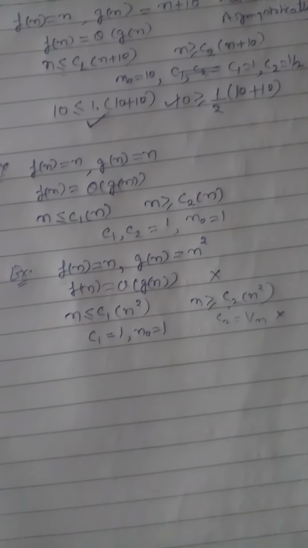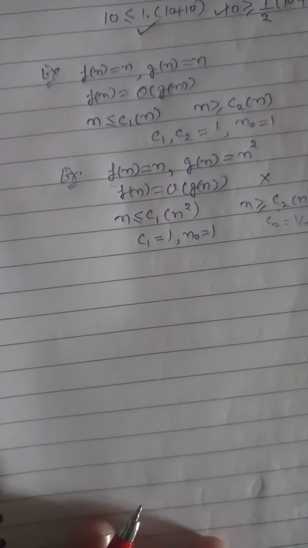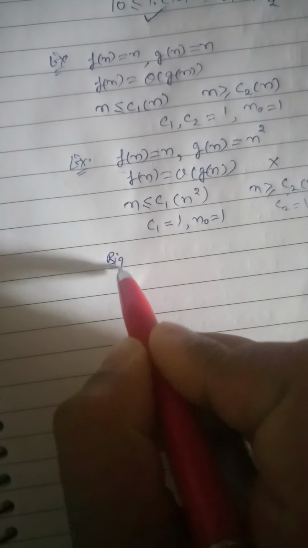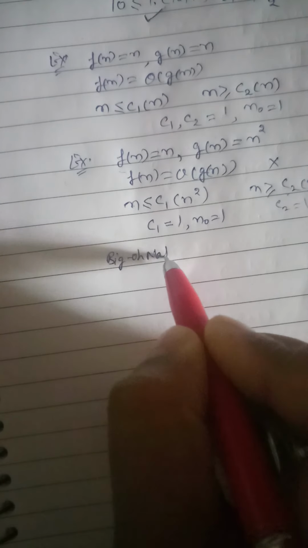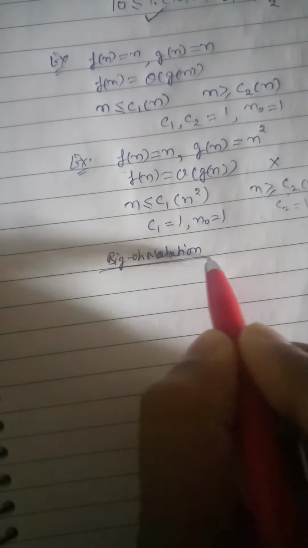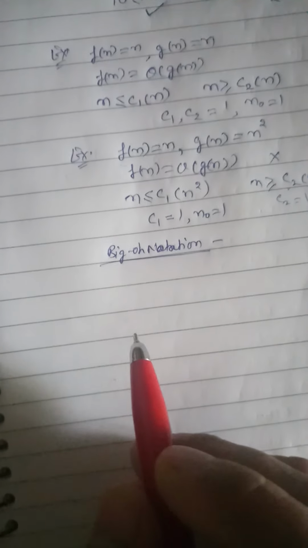So now we see how we can draw the notations. Suppose we are talking about big O notation. How can we draw them?